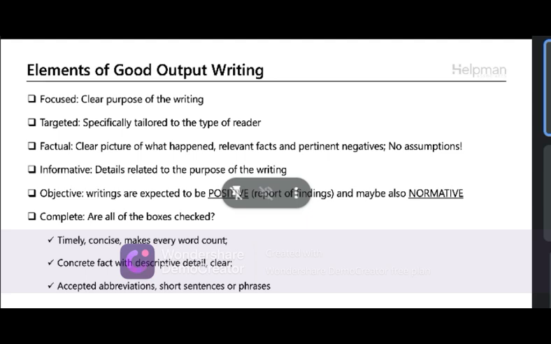Now, your writing must be factual. Provide clear evidence, a clear picture of what happened, relevant facts, and pertinent negatives. Just no assumptions. You're not writing about assumptions. When you tell us what happened, we are free to interpret it from our own perspective.